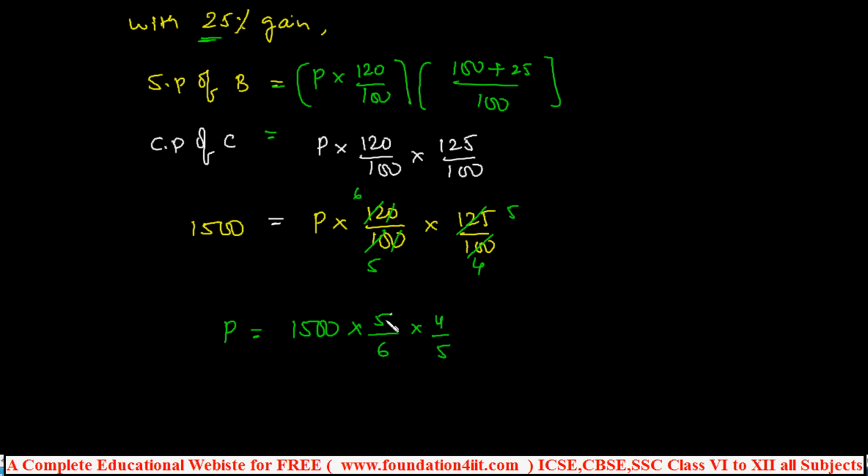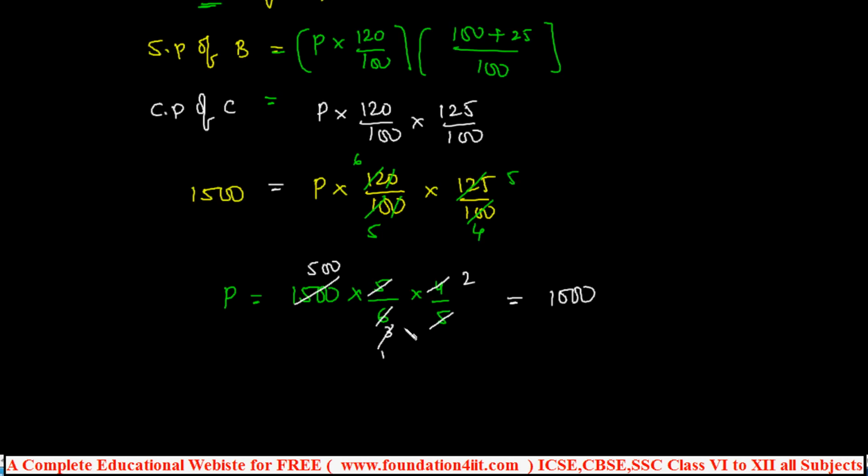Cancel 5 and 5. Then 2 threes are 6, 2 twos are 4, 3 fives are 15, 00, so 500 into 2 is 1000. Therefore, the cost price of the cycle paid by A is rupees 1000. So 1000 rupees is the answer.